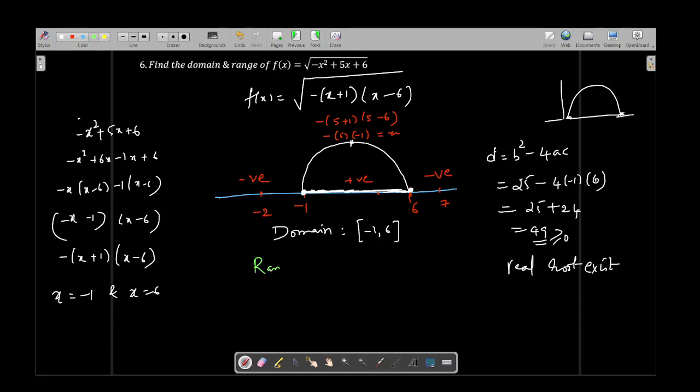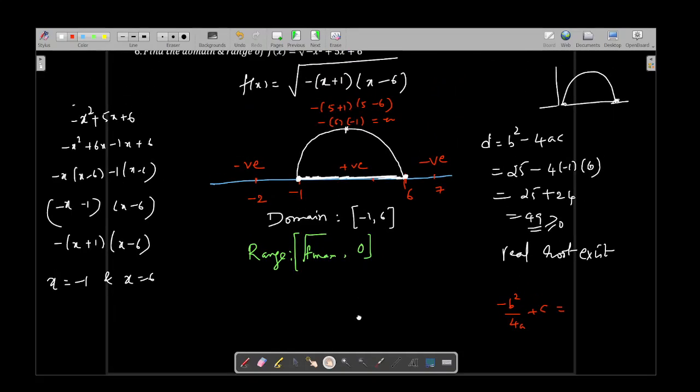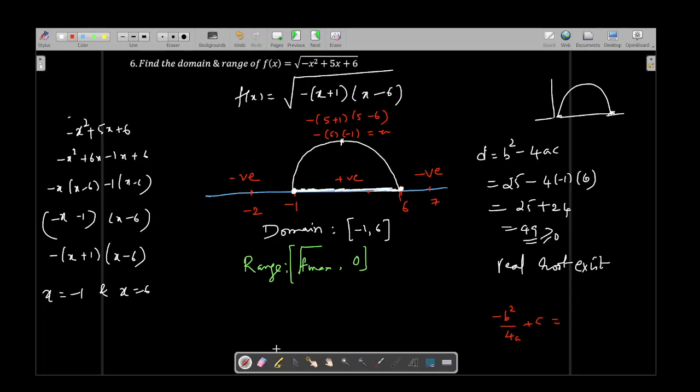Let us find the range. The range is square root of f max comma 0. Let's find f max: minus b square by 4a plus c. b is 5, so b square is 25, divided by 4a, 4 into -1, plus 6.